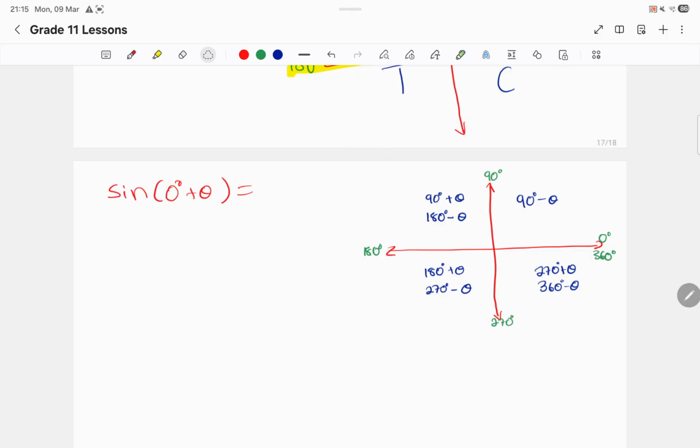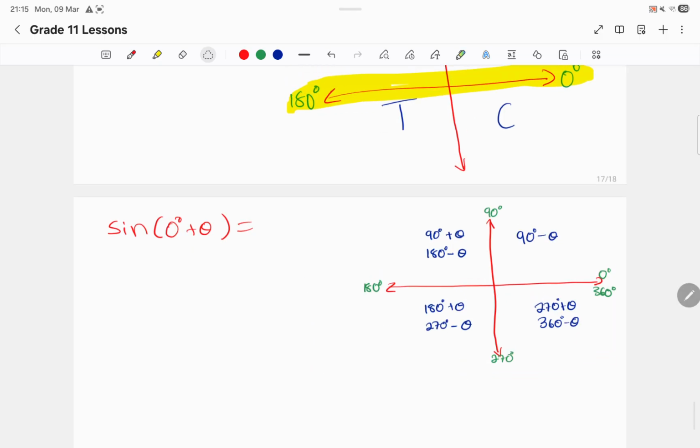So when we look at 0 plus, it's basically here, 0 plus theta. But in the first quadrant, sine is what? Sine is positive. So this is going to be reduced to sine theta.